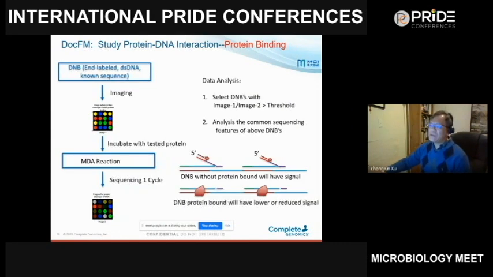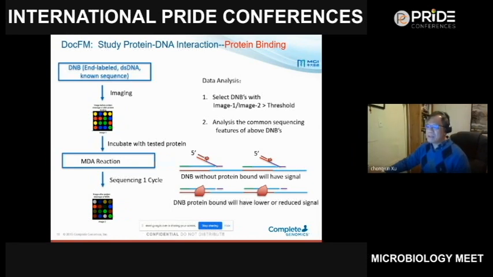And also, when we are talking about protein binding, we can do something like a second strand synthesis. Basically, after we make the double-strand DNA, we incubate with our test protein. After we got the signals from one more cycle, we incubate with test proteins, basically the proteins binding there. Then we do something like MDA reactions, the one we used for sequencing the second strands.